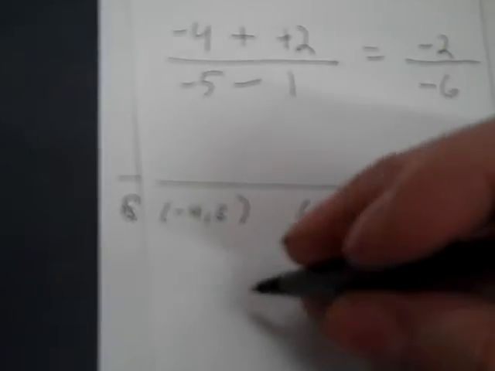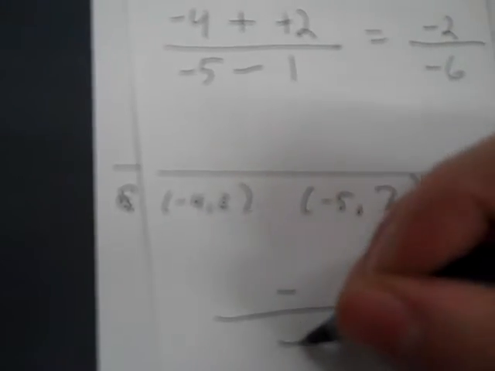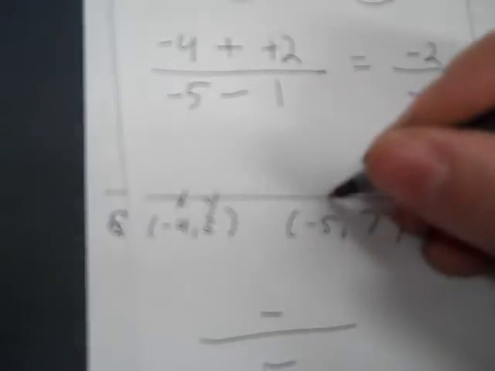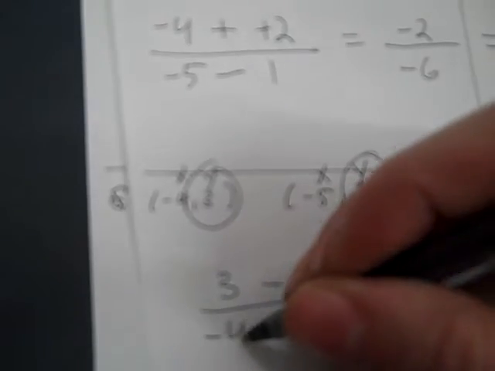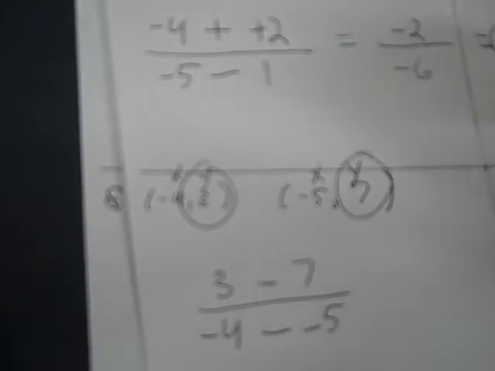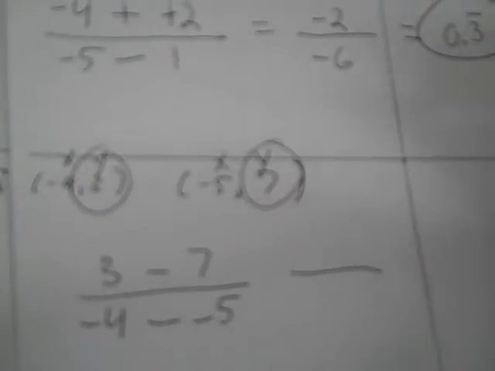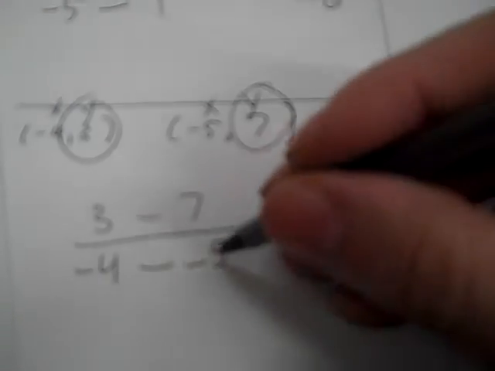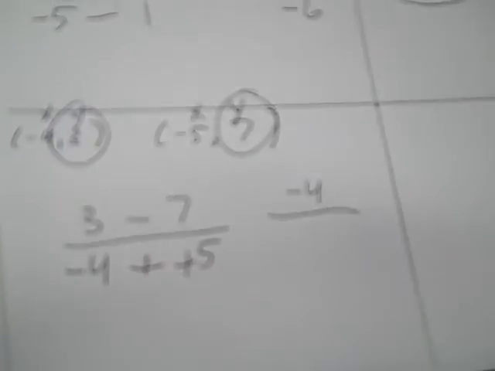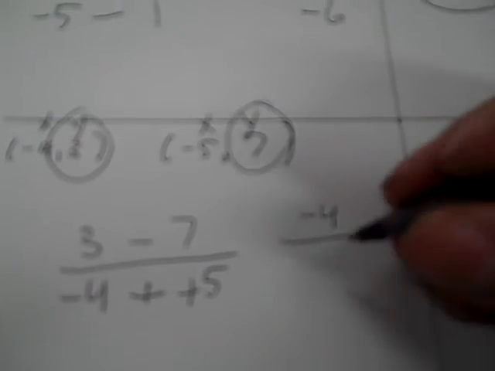Okay, my next one. Negative 4, 3, negative 5, 7. So x y, x y, and again the y's have to go on top together. So I'm going to put 3 and 7, and then negative 4 and negative 5. So 3 minus 7 is negative 4, and then that minus negative, you want to make it plus plus, and negative 4 plus positive 5 is 1.